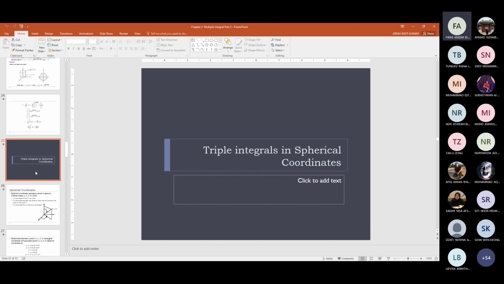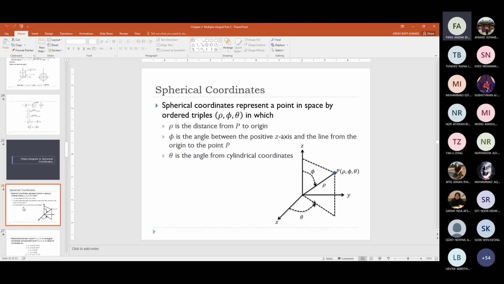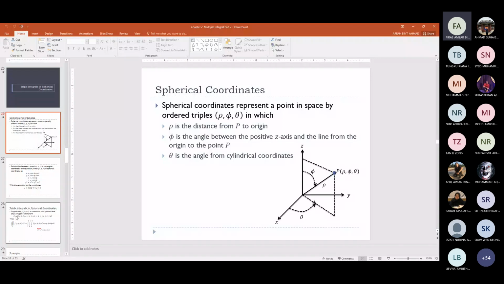So the next one, kita ada triple integral in spherical coordinates. How you are going to find the angle theta, the radius rho and also phi. Okay, the angle between the positive z axis and the line from the origin to the point P.